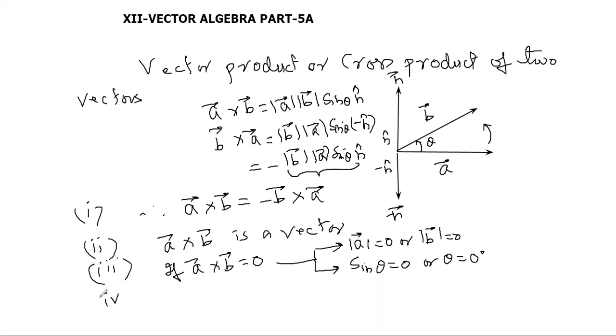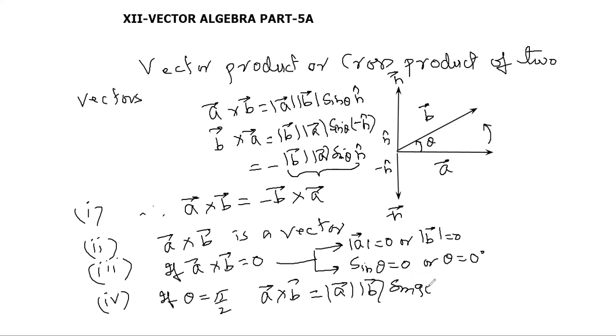And if theta is equal to 90 degree, if the angle between them is 90 degree, pi by 2, what will be the value of A cross B? A cross B will be equal to magnitude of A into magnitude of B into sine 90 degree n cap.